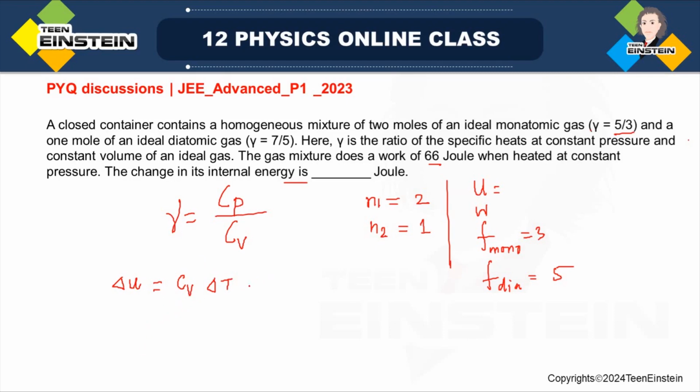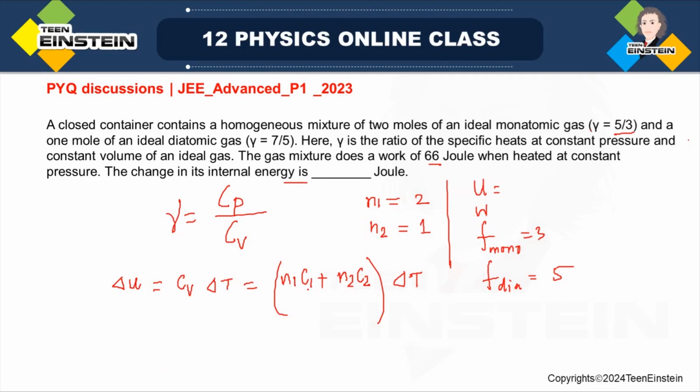So look, you have to actually get, see, N1, C1 is the molar specific heat at constant volume for gas 1, and N2, C2 is the molar specific heat for gas 2, into delta T. So this is actually the expression for change in internal energy.